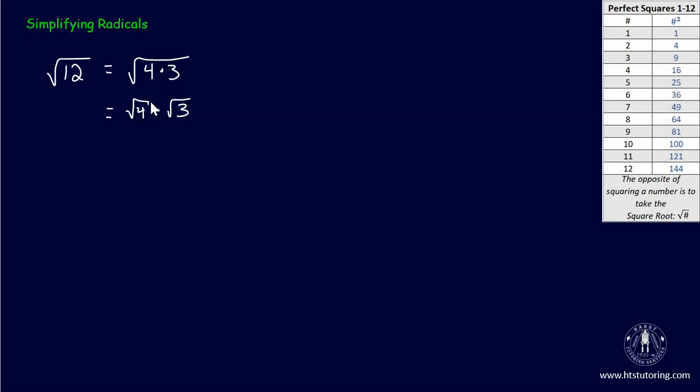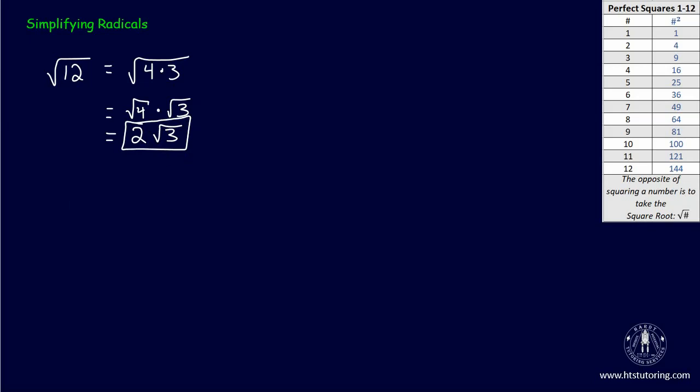So I can break this up into 2 separate square roots based on that rule. And we'll go into that more in a different video. Now I have the square root of 4 times the square root of 3. The square root of 4 I can simplify further because it equals 2. The square root of 3, I can't do anything with. There's no perfect squares that go into it. It's just going to stay the square root of 3. So my final answer is 2 times the square root of 3.